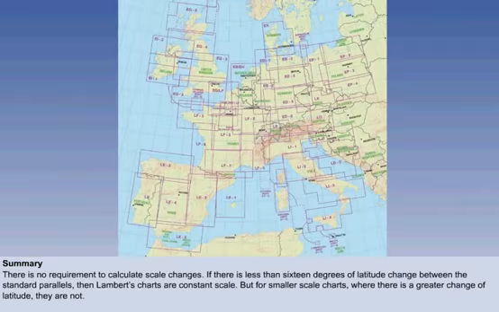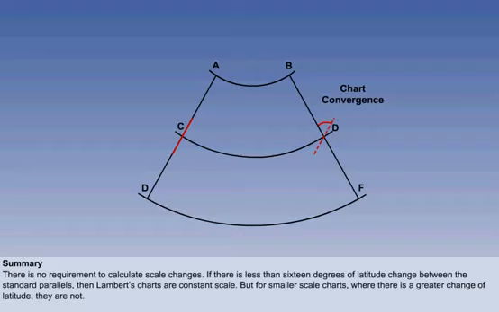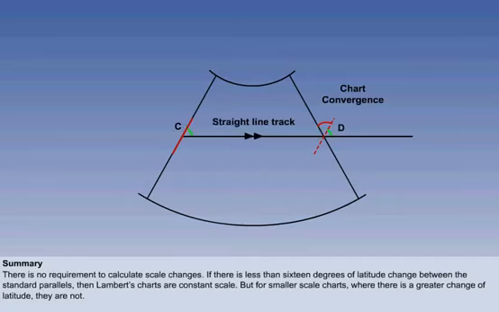But for smaller scale charts, where there is a greater change of latitude, they are not. We saw that chart convergence is the difference in the inclination between two meridians on the chart, or the change in a straight line track between two meridians on the chart. This is the equivalent to Earth convergence, but reference to a straight line on the chart, not a great circle.